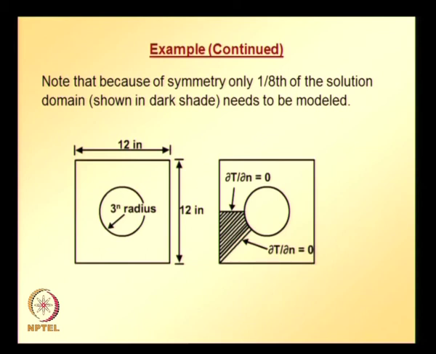So, as usual we need to solve the second order partial differential equation subjected to these boundary conditions, that is, the T value at the center, or sorry, the T value at the inner diameter is 500 degrees Fahrenheit, and the T value at the outside is 100 degrees Fahrenheit, subjected to those conditions and to the natural boundary conditions along the lines of symmetry.